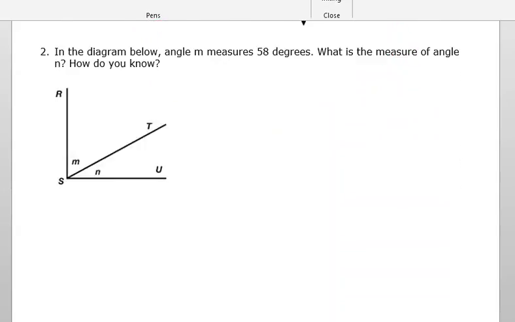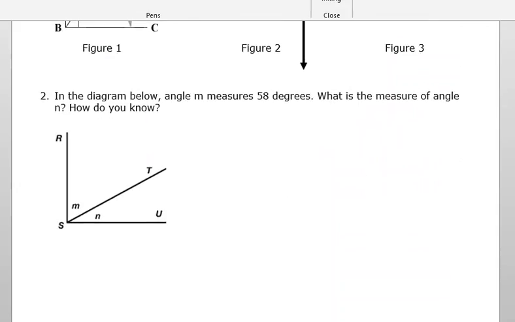Okay, so down here in the diagram below, angle M. Since the angle is written here, this could also be called RST. It could be called angle M. It could also be called RST. It's 58 degrees. What is the measure of angle N? How do I know?